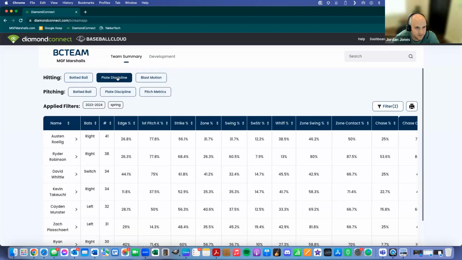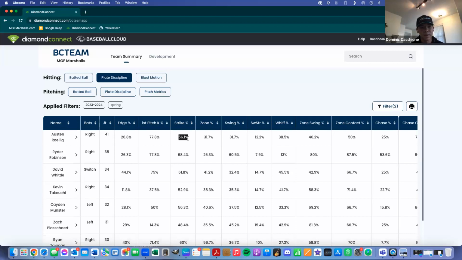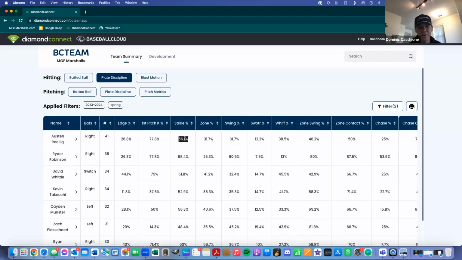Then we can look at plate discipline. So you can see for Austin, first pitch, they're getting a lot of strikes. What is that? Strike percentage? Yeah. Just strikes in general. How many are in the zone? Swinging at strikes.